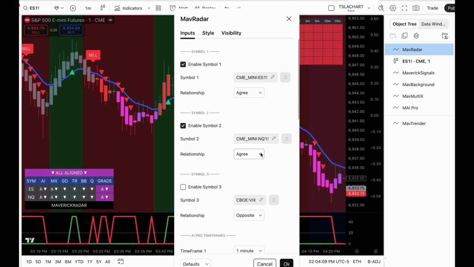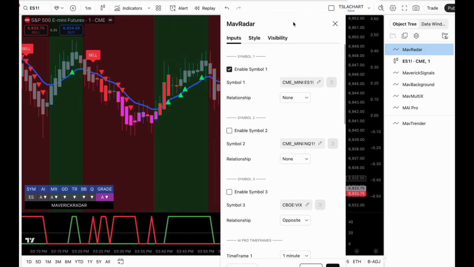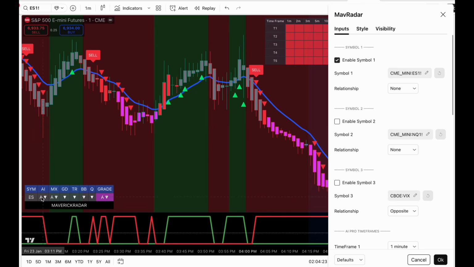And let's say I want these to not be compared with each other. Fine, now I have my grades. It's telling me if I'm good. And let's say I was just on ES and I only wanted the ES chart over here. Now I'm just waiting for an A+ setup or a B setup to get ready and go. Oh, prices below the Maverick guide. Okay, great.